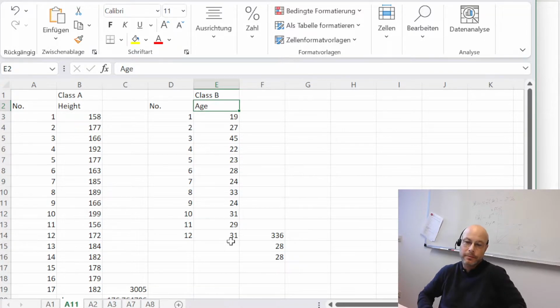And sometimes, if you take some data, let's say for your bachelor thesis or something else, then you have a distribution, and then it would be interesting to know the median and the arithmetic mean. So what should we do?